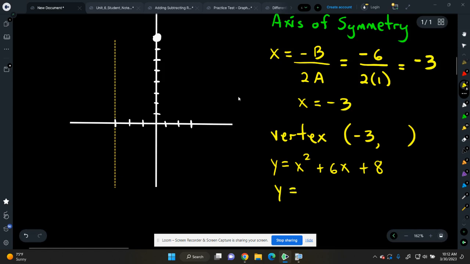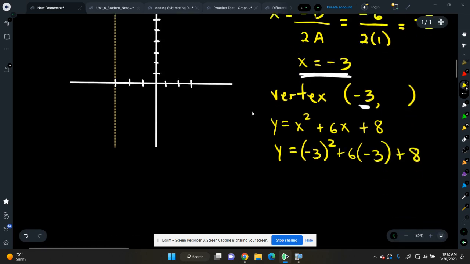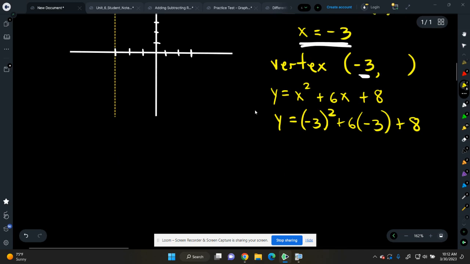Y equals negative 3 squared. Negative 3, because that's what x equals, right? Negative 3 plus 6 times what? Negative 3 plus 8. Okay. So I have the equation to tell me what y equals, as long as I know x.